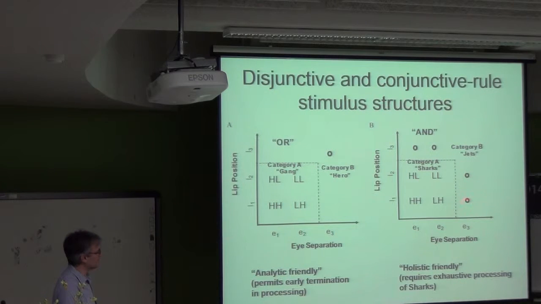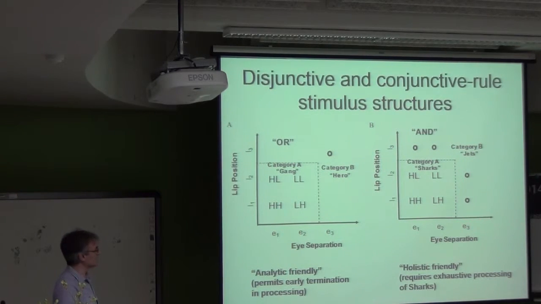So let's say this face is presented here, the Jets member, this one, and let's say we pay attention to eye separation. Eye separation has a value of 3, maybe maximum, and probably you could say, oh, look, this is a Jet. So in this case, this is a very fast decision.